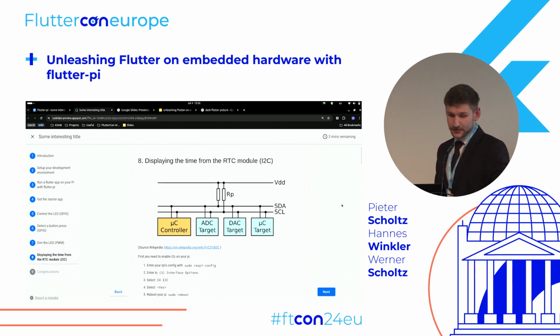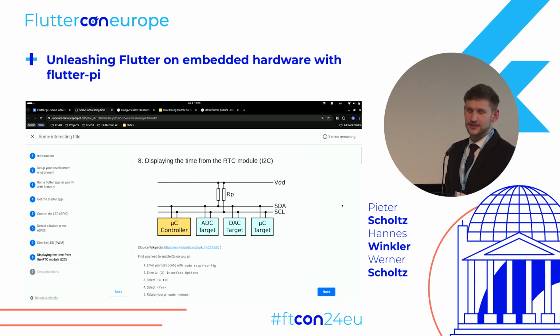Yeah, so next up, we're going to just read I2C, real-time clock using I2C. Pieter, maybe you want to explain I2C? Okay, well, I guess I can do that. So I2C, or IIC, whatever you want to call it. Basically, you have two lines. The one is for data, and the other one is a clock line.